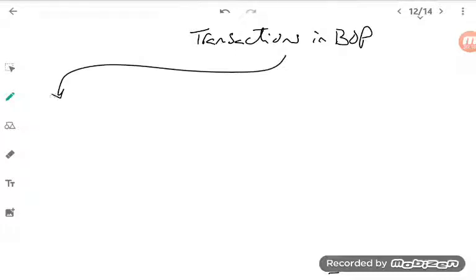So we can divide the balance of payments, or transactions within the balance of payments, into two different types of transactions: autonomous transactions and accommodating transactions.